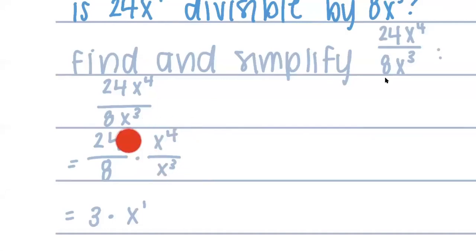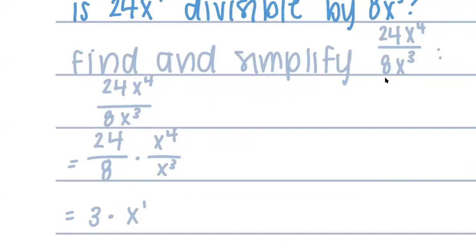Okay, so 24 divided by 8 is 3. And if you guys remember last week when we did dividing exponents, when you divide exponents, what can you do? Subtract them. So you can subtract 4 minus 3 since the base is the same. The base is x in both of these. Right. So 4 minus 3 is 1.